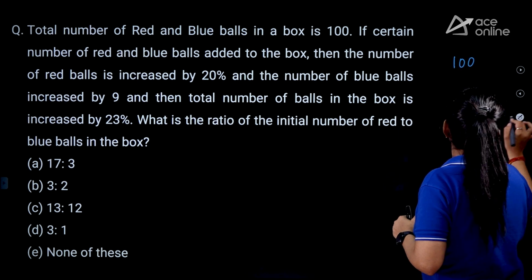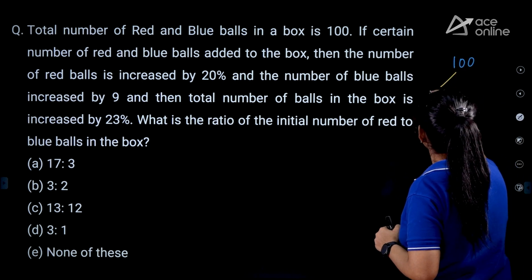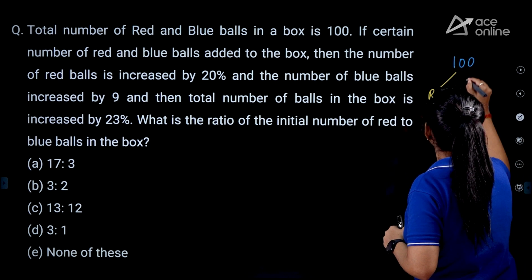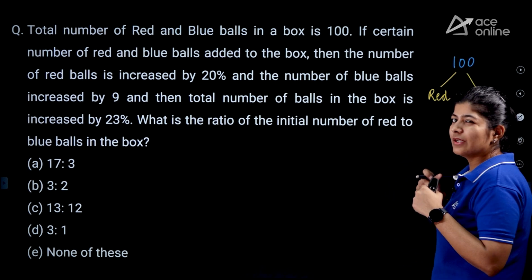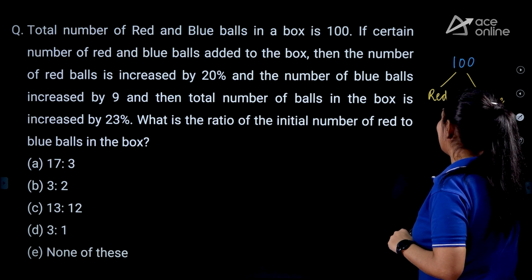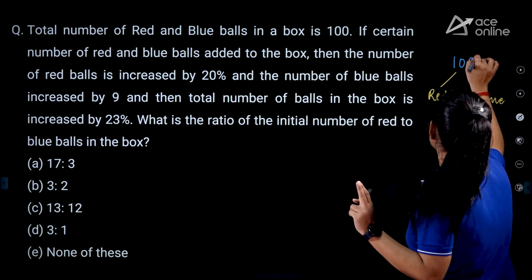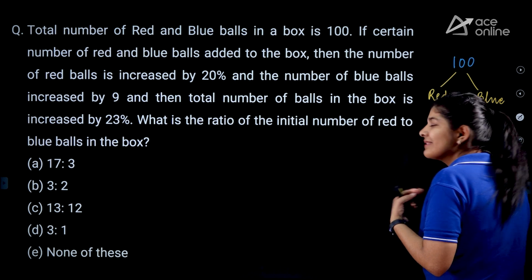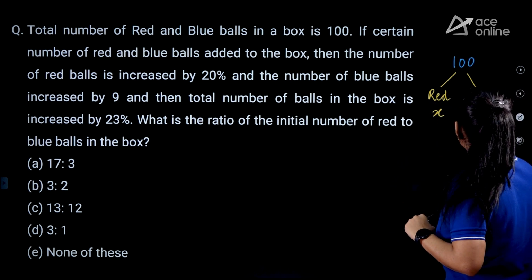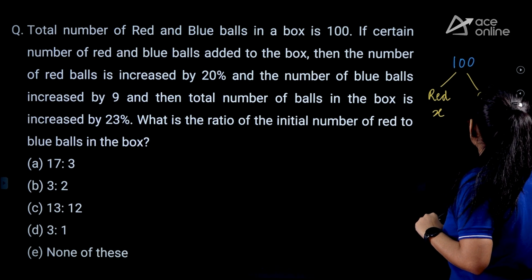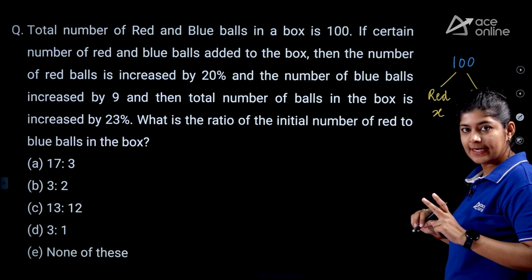Out of these 100 balls, few balls are of red color and few balls are of blue color, right? I simply assume that the number of red balls out of these 100 is X. So the number of blue balls is equal to 100 minus X, right?